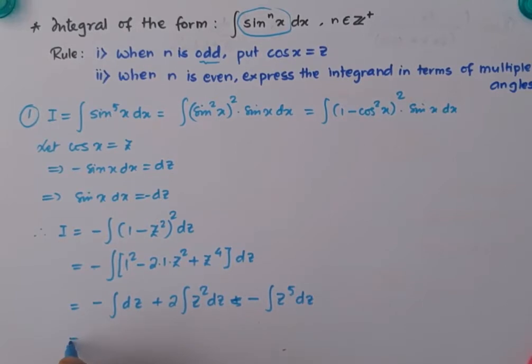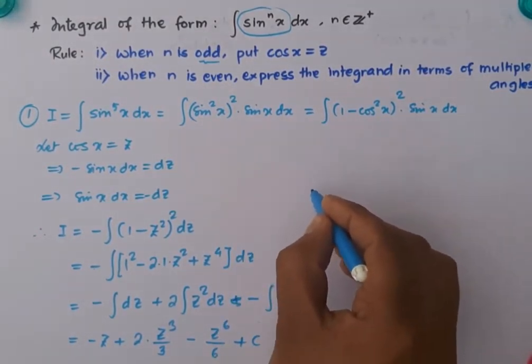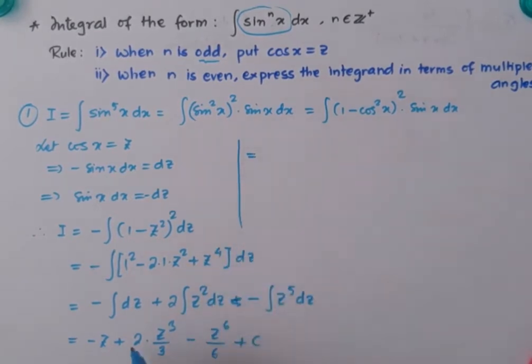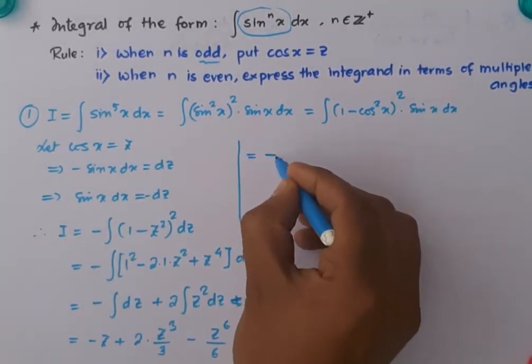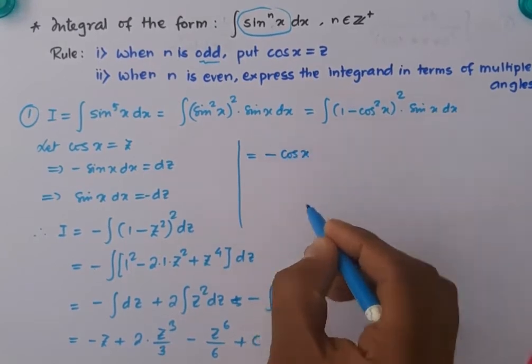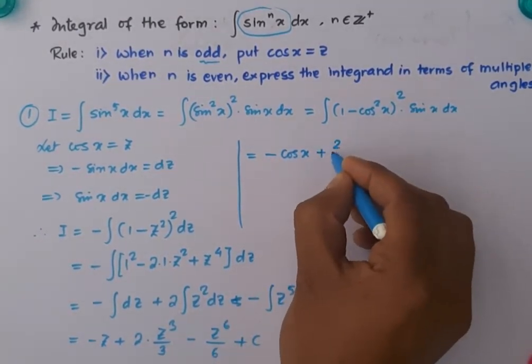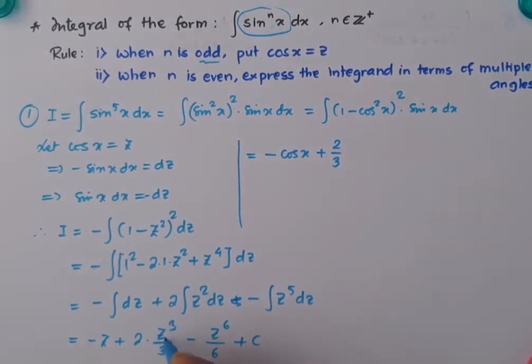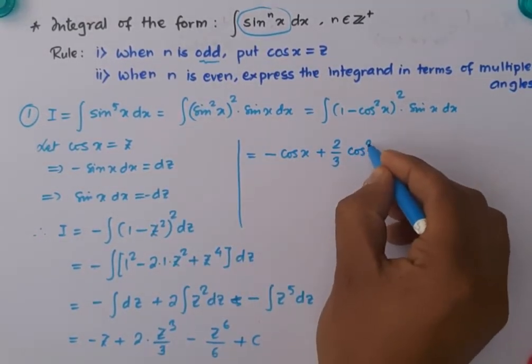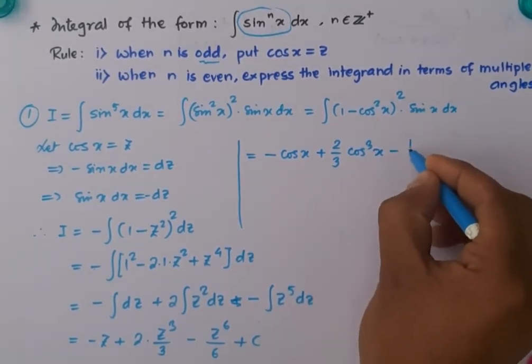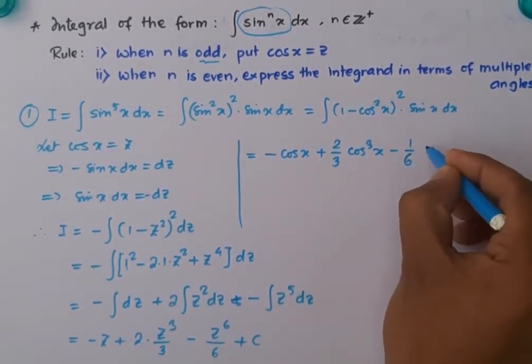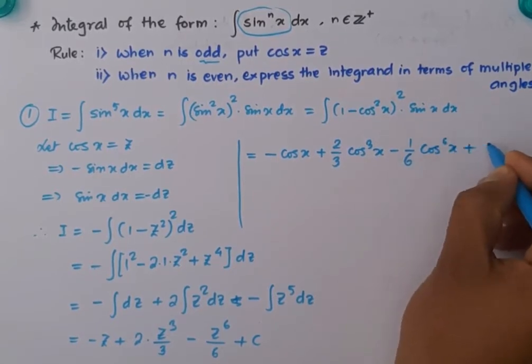This is equal to minus z plus 2 into z cube by 3, minus z to the power 5 by 5, with a constant of integration. Now let's resubstitute the value of z. Since z is cos x, this becomes minus cos x plus 2 by 3 z cube, that is cos cube x, minus 1 by 5 z to the power 5, that is cos to the power 5 x, with a constant of integration.